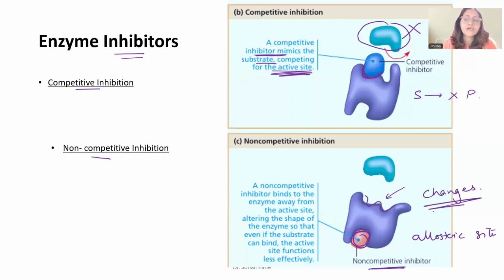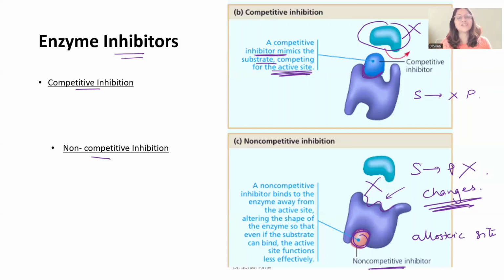Because the allosteric compound is bound, certain chemical changes will happen, the active site changes its shape and there is no more binding. So the substrate won't be able to get converted into product. In both competitive and non-competitive cases, inhibition will happen. The substrate won't be binding with the enzyme's active site. Thus, no product formation will happen, right?